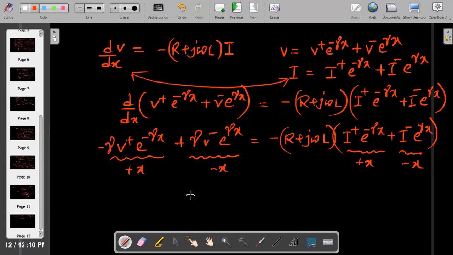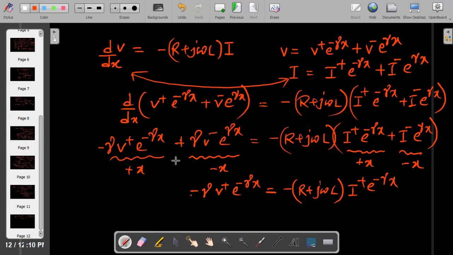Can I write minus gamma V plus e to the power minus gamma x is equivalent to minus (R plus j omega L) I plus e to the power minus gamma x? Plus x direction we are comparing with plus x, so these two will cancel, and the minus will also cancel. So it will come gamma into V plus is nothing but (R plus j omega L) into I plus.